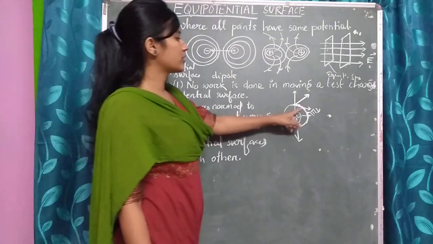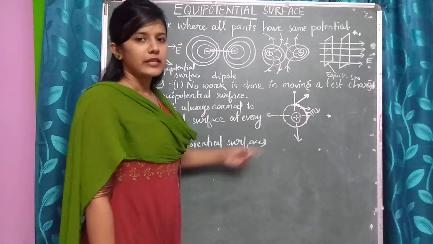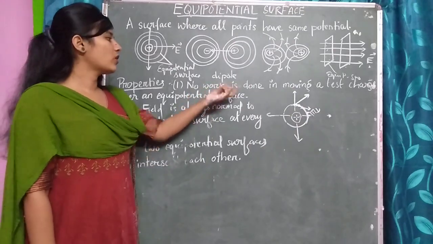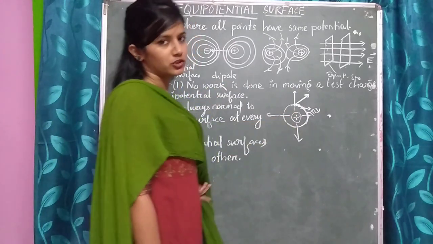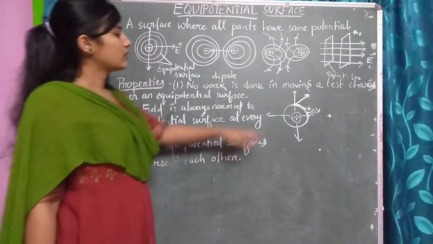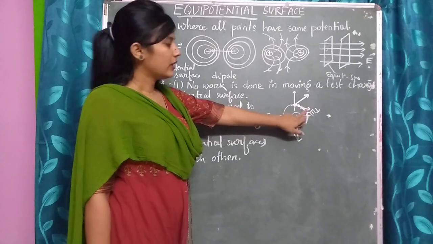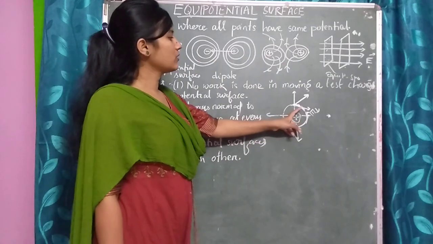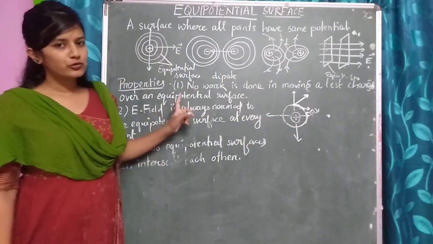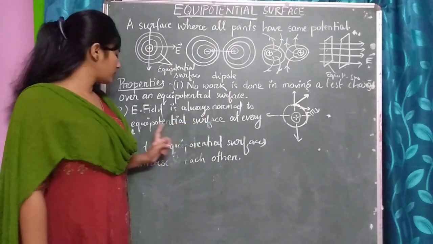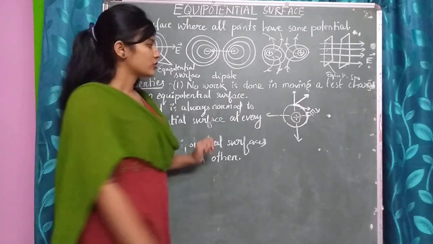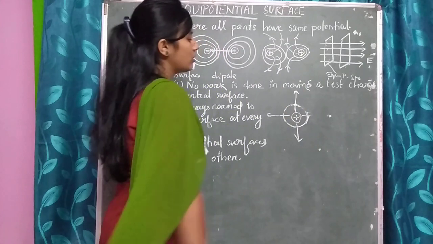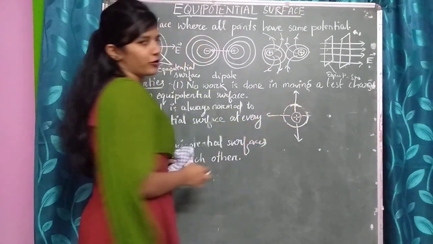If the electric field gives some force, then it must do some work. But according to our first property, no work is done in moving a test charge. So if a tangential component were there, it would move the test charge and do work, which contradicts our first property. So this is not possible. The electric field is always perpendicular to the equipotential surface.